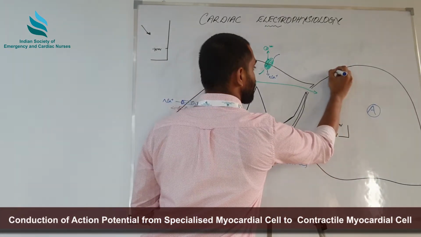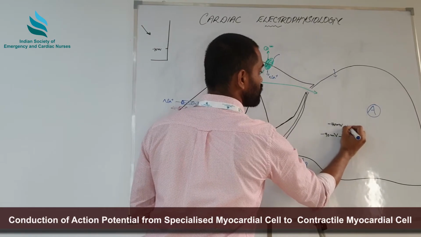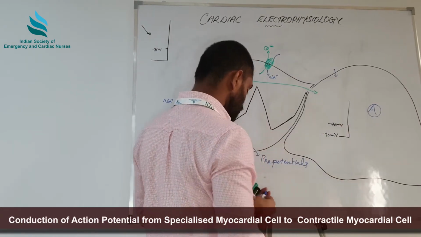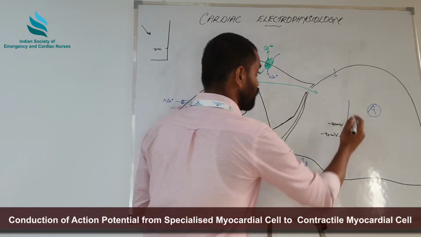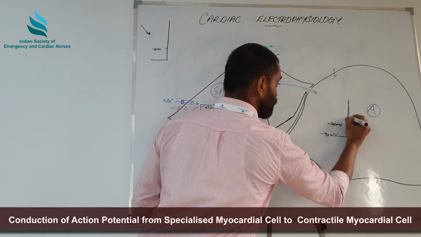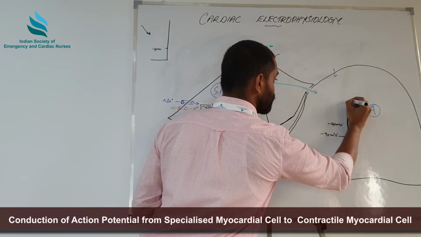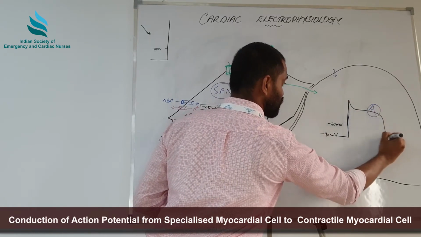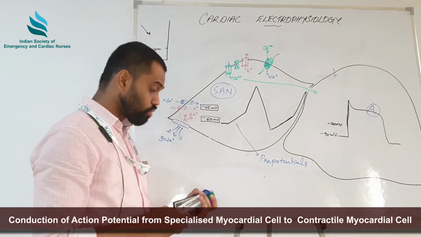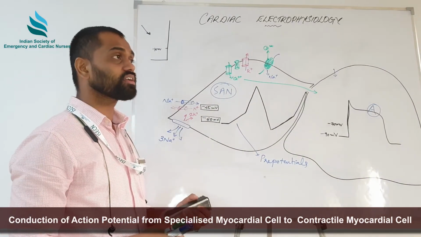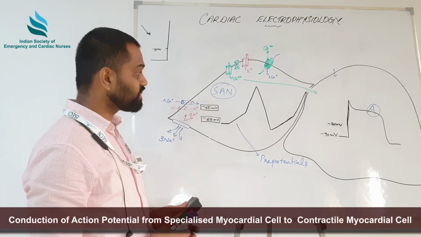We know what happens next. As sodium comes in, there is depolarization of the atrial contractile myocardial cell, and all the other phases continue. All those phases are quite similar to any other contractile myocardium which we have already discussed.